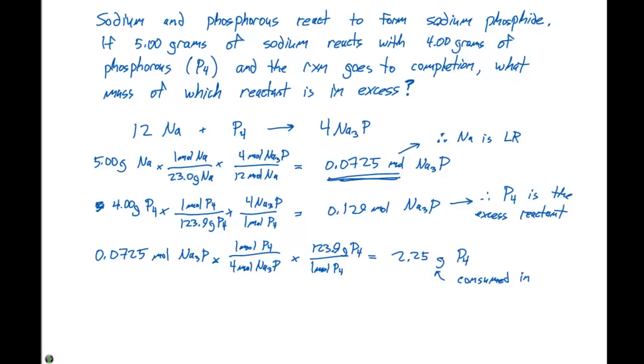So we're going to take our initial value, the 4.00 grams of the P4. We're going to subtract from that 2.25 grams of P4. That gives us 1.75 grams of P4. Okay, so this is our initial amount of P4.